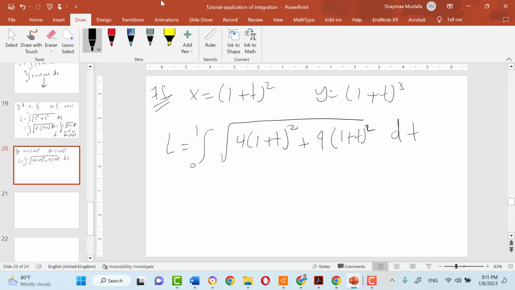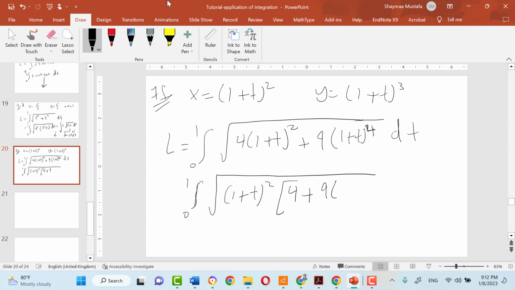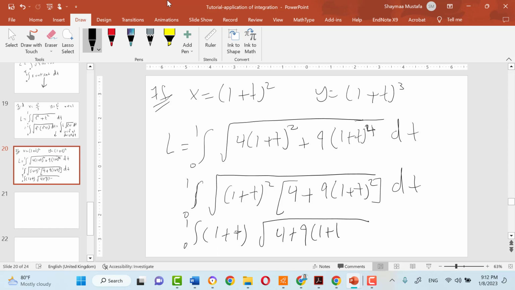So t to the power 4. Now this one is the integration from 0 to 1, with 1 plus t square outside, and here 4 plus 9 (1 plus t square) dt, which is the integration. Now 1 plus t square under the root becomes 1 plus t square outside, the root only for 4 plus 9 (1 plus t square) dt.